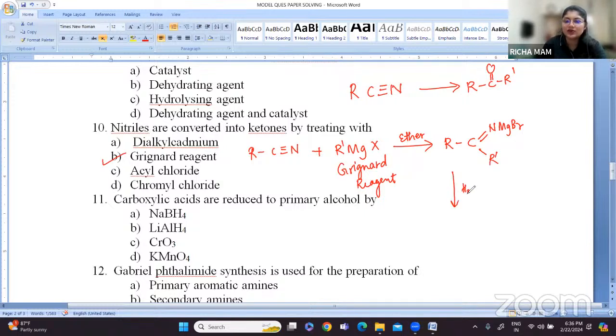Then this will undergo hydrolysis, and it will form RC double bond O with R dash. Understood? Is it clear, students? This is converted into O because it is undergoing hydrolysis. Is it clear how we are converting the nitriles into ketones?